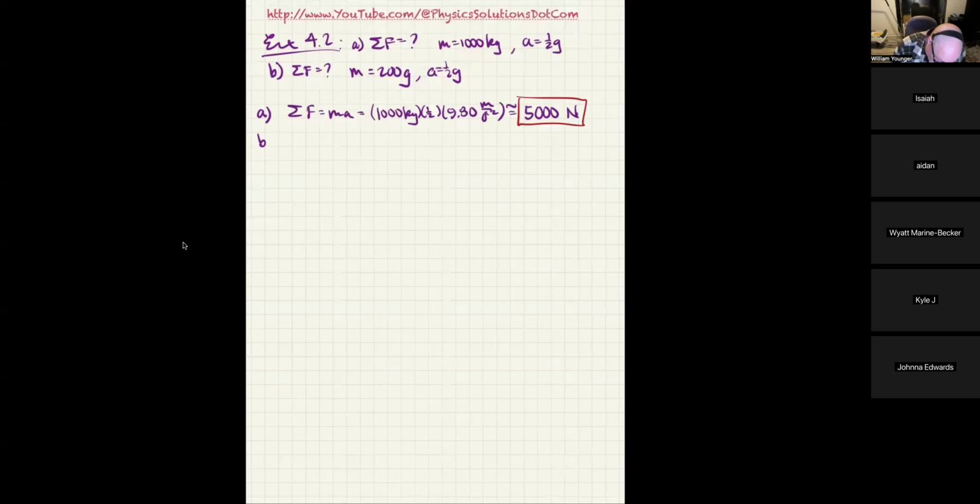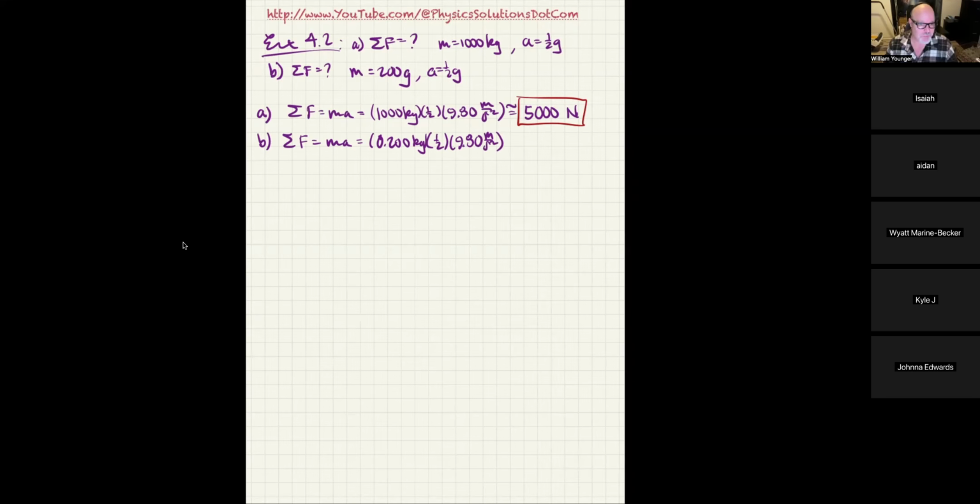Now the answer to part B is the summation of forces is equal to mass times acceleration. In this case, we have to convert this to kilograms, and we still have a 1/2, and we still have 9.80 meters per second per second. Now, 9.8 is really close to 10, so when I multiply it by 1/2, I get something really close to 5.